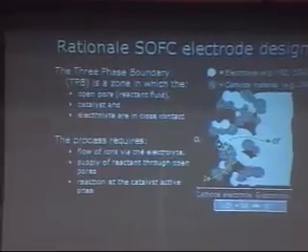It must be at the junction because the electrons must be able to easily move away through the electrode, and the oxygen ions must be able to easily move away through the electrolyte. So the design and optimization of these micrometric interfaces is critical to the performance.